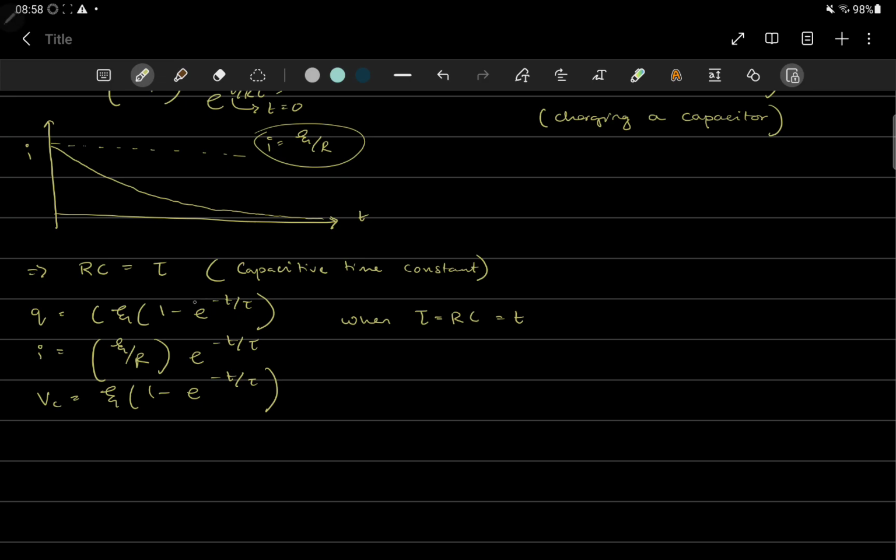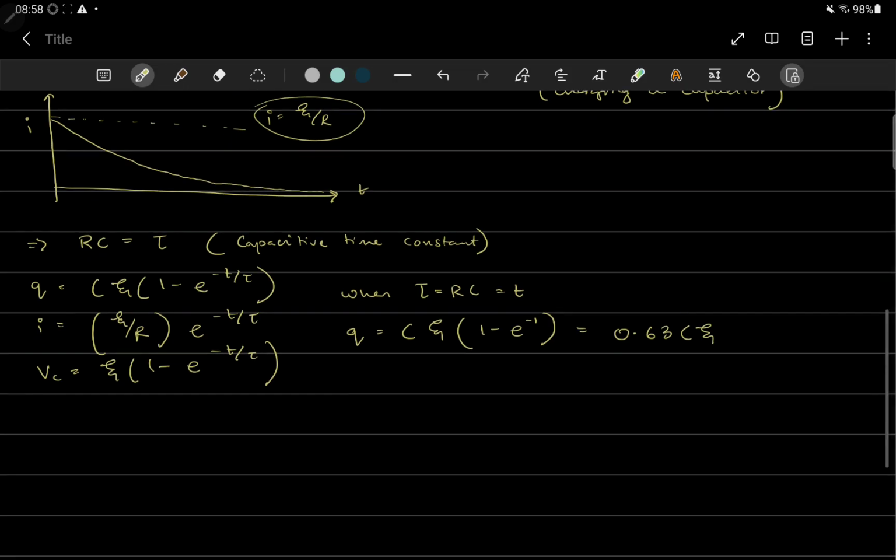That means that now your Q, I, Vc will be scaled by the exponential, and particularly Q will then become C zeta times 1 minus e to the power of minus 1, which is a number, and it will be 0.63 C zeta. And so this is sort of like a threshold, which basically gives you a number.